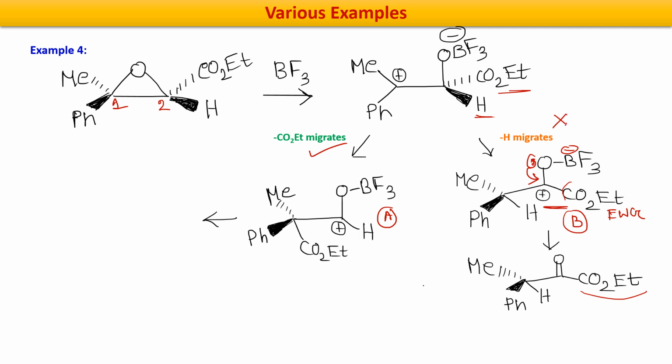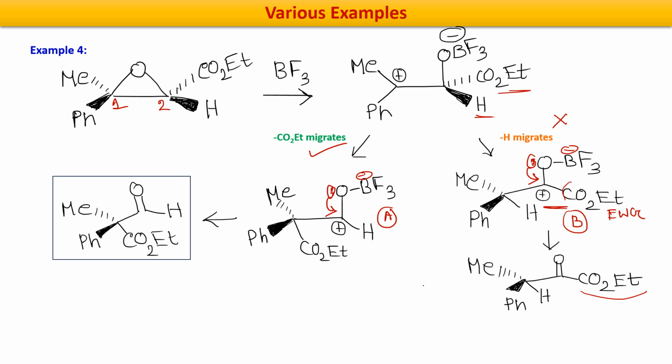And the product that you are getting, only by this type of mechanism can you explain why that product is formed. So finally there will be a C=O, BF3 will be removed, and you will get this type of aldehyde. And if you see the configuration here, Me and Ph is again below the plane, Ph is above the plane, and as if this bond is just changed by CO2Et. So it is the same.